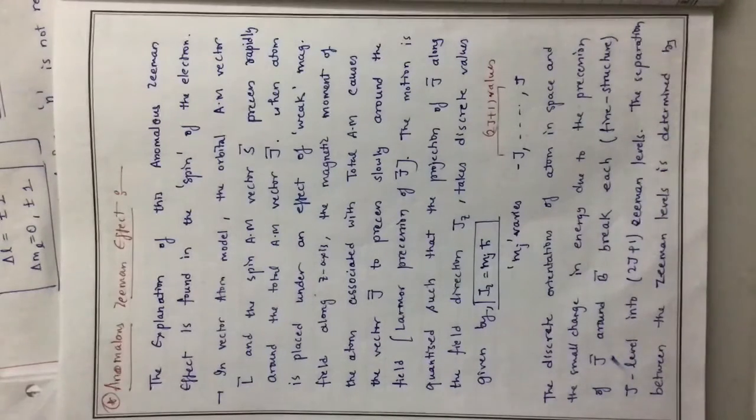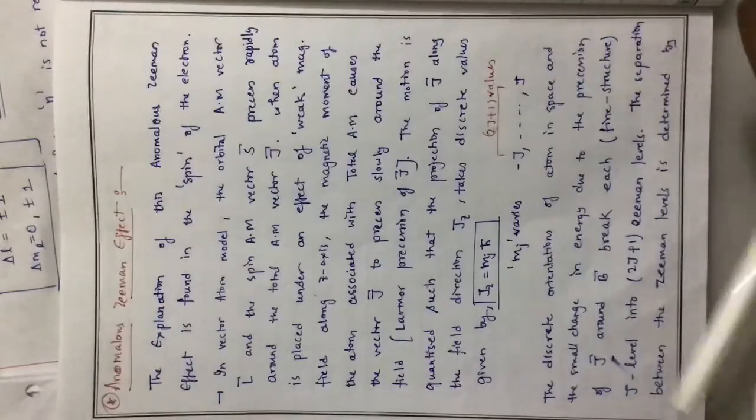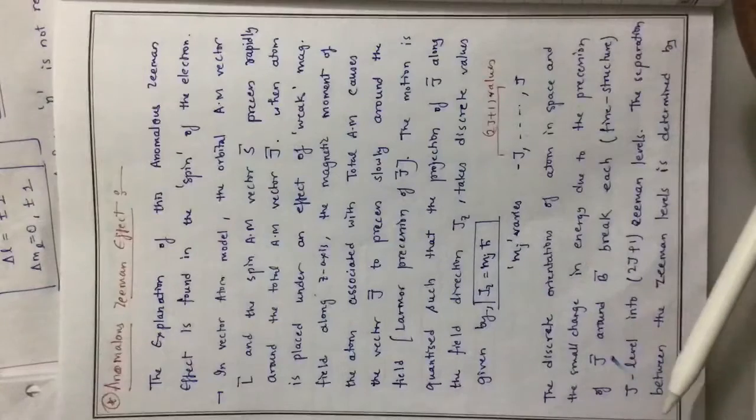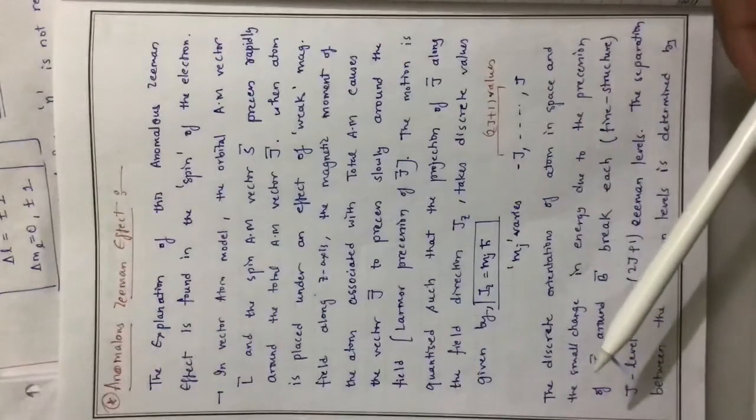We discussed how L starts to precess around the external magnetic field, and that precession came from the orbital magnetic moment, right? When we apply an external magnetic field on the atom, there is interaction between the magnetic moment and the external magnetic field, and a torque acts on this magnetic moment.